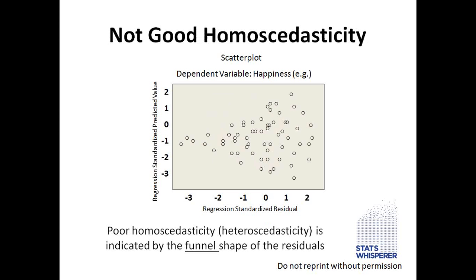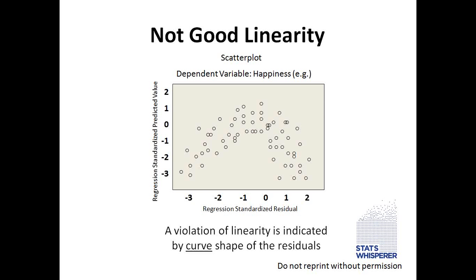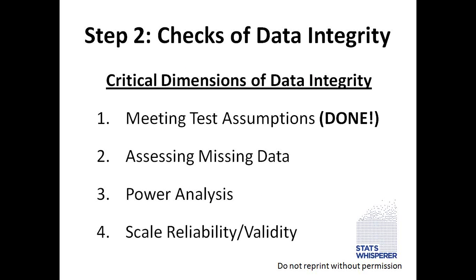They're favoring the right. That would be a violation of homoscedasticity. And then nonlinear, where we have the curve, that would be a violation of linearity. But we don't have that. So there we go. We've checked for all 4 things, so the meeting of test assumptions is done.